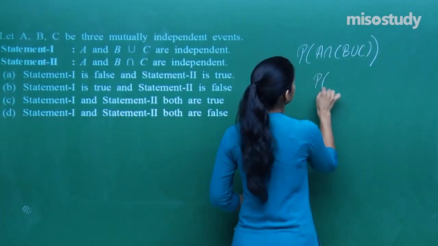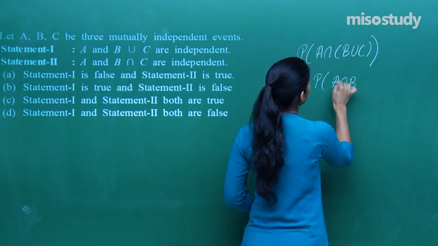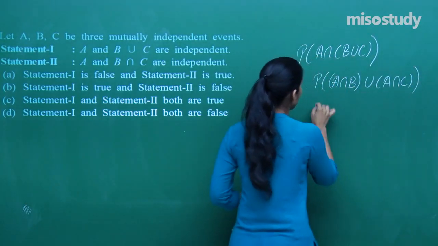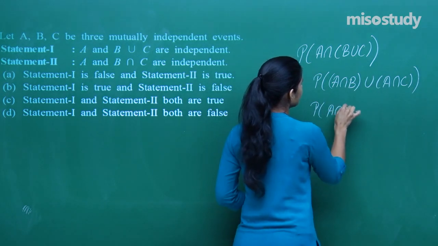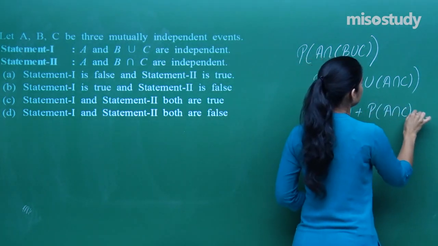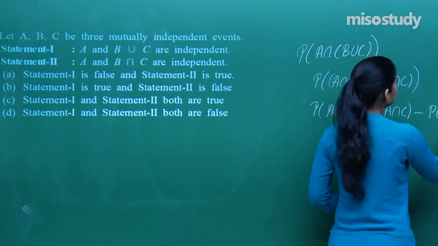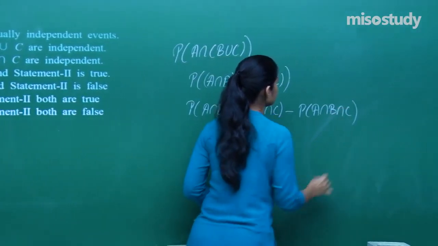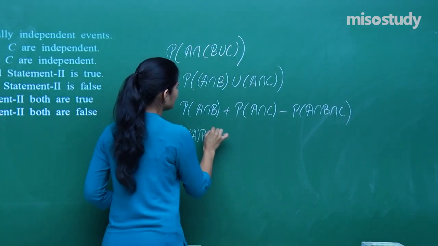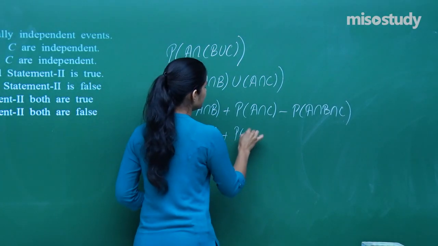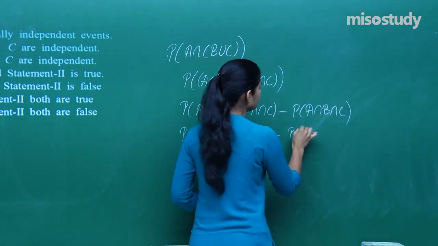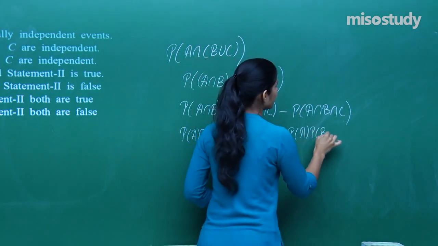This is probability of A intersection B union A intersection C. This can be written as probability of A intersection B, you know the formula, plus probability of A intersection C minus probability of A intersection B intersection C. A, B, C are independent, so this is probability of A into probability of B plus probability of A into probability of C minus probability of A, probability of B, probability of C.